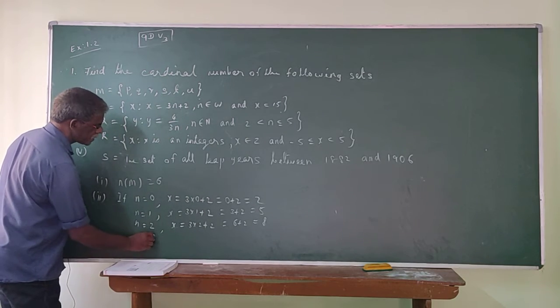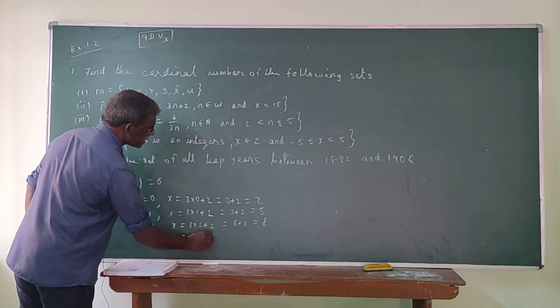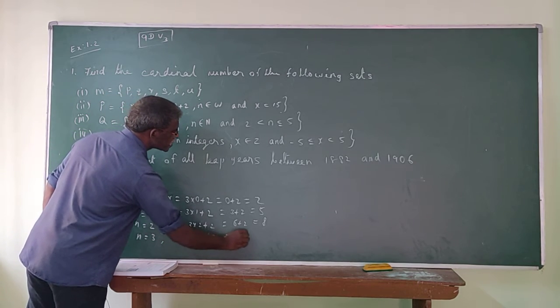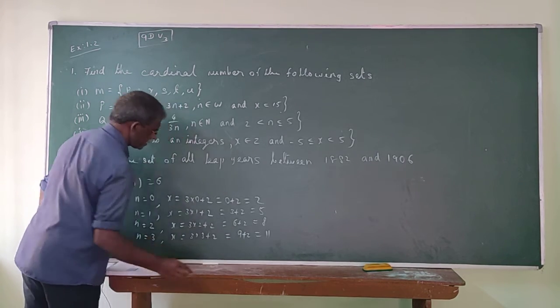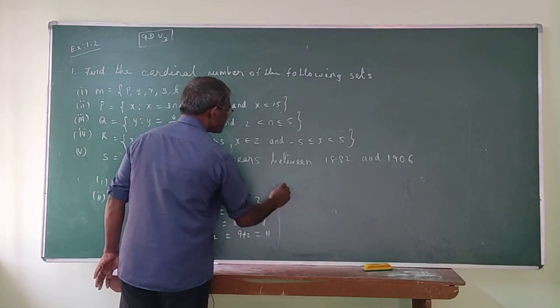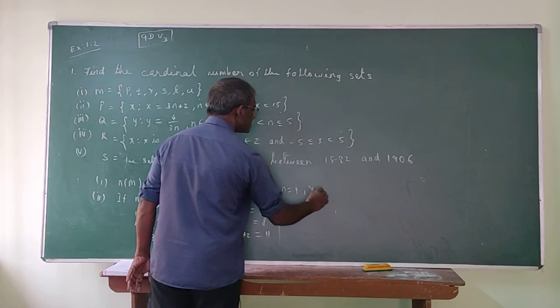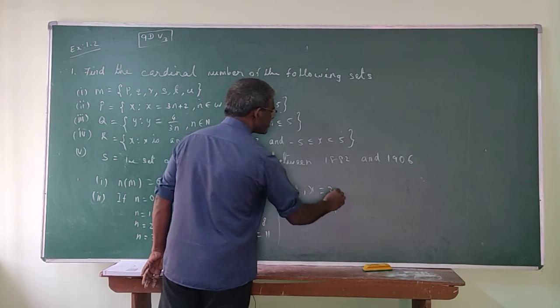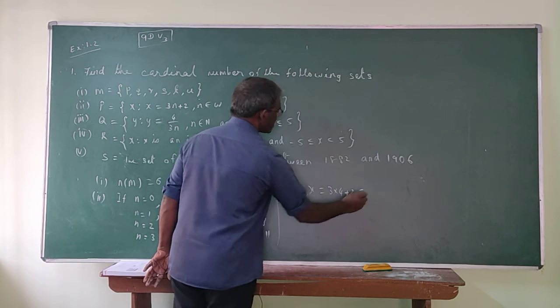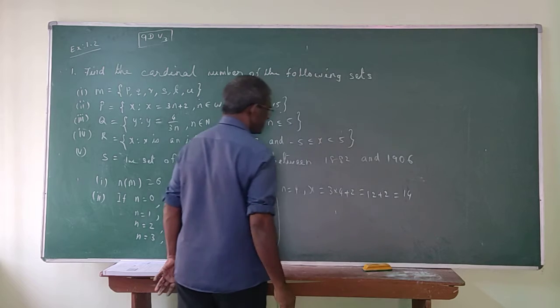Then n equal to 3, x equals 3 into 3 plus 2, which is 9 plus 2, equal to 11. Then n is equal to 4, x is equal to 3 into 4 plus 2, which is 12 plus 2, equal to 14.